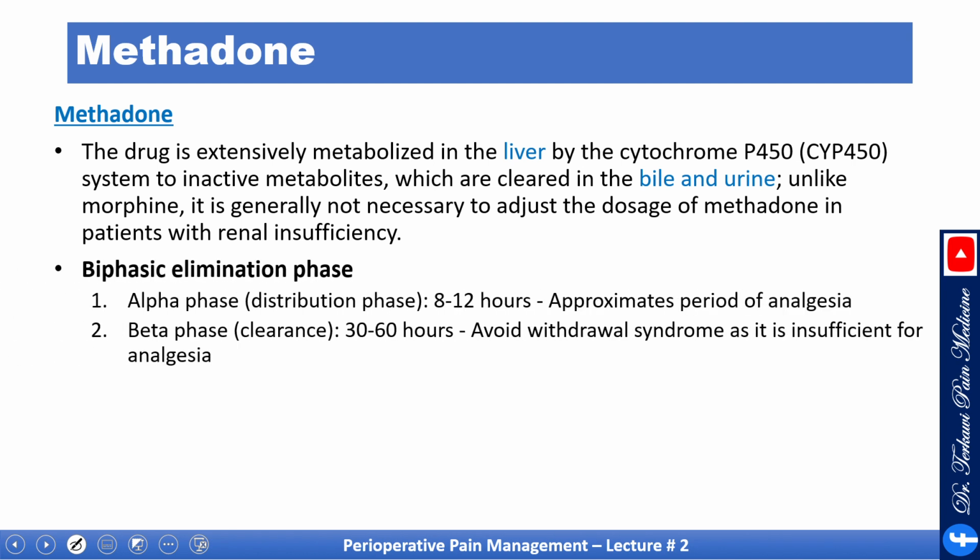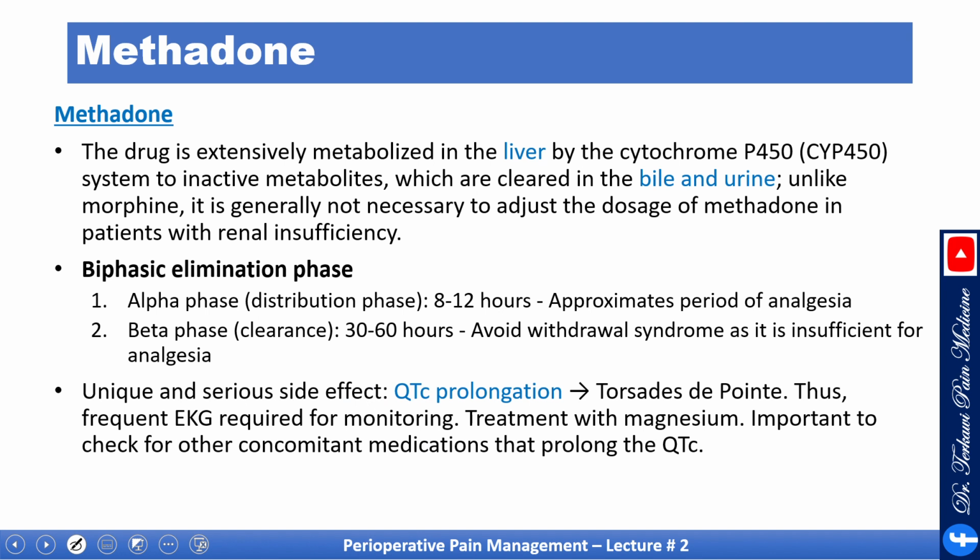Again, it follows a biphasic elimination: the alpha phase, which is the distribution phase, 8 to 12 hours, is usually the period of analgesia. The beta phase, which is the clearance, 30 to 60 hours, is when you should be thoughtful about withdrawal symptoms, and there is usually insufficient analgesia during this time.